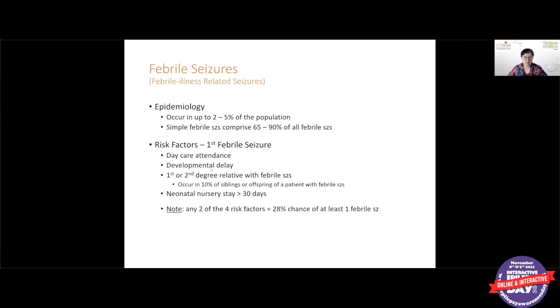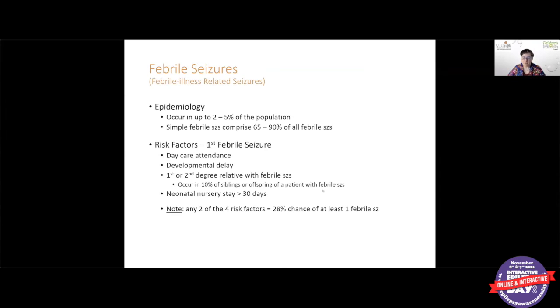So some of the things that can make febrile seizures more likely to happen in someone who's already maybe prone to have those is going to daycare, because they're exposed to a lot of viruses and illnesses at daycare, and so they tend to get sick and have febrile illnesses, and that can provoke a seizure in those patients, or patients who have developmental delay. And then also people who have relatives who've had febrile seizures when they were children.